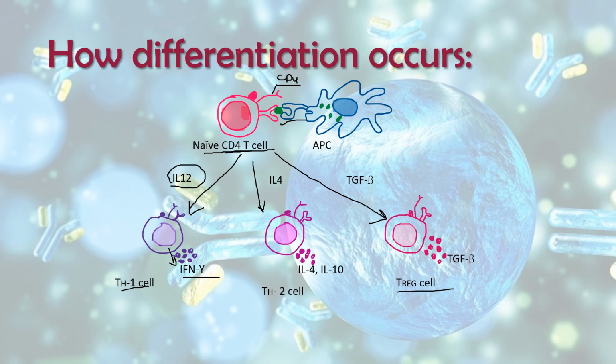And just like that, in the presence of IL-4, interleukin 4, this CD4 T cell gets differentiated into TH2 cell or helper type 2 cell, and this will start producing IL-4 and IL-10. Whereas in the presence of TGF beta molecules, these naive CD4 T cells, once complexed with the antigen MHC class 2 molecule complex, get differentiated into Treg cell and start producing TGF beta.